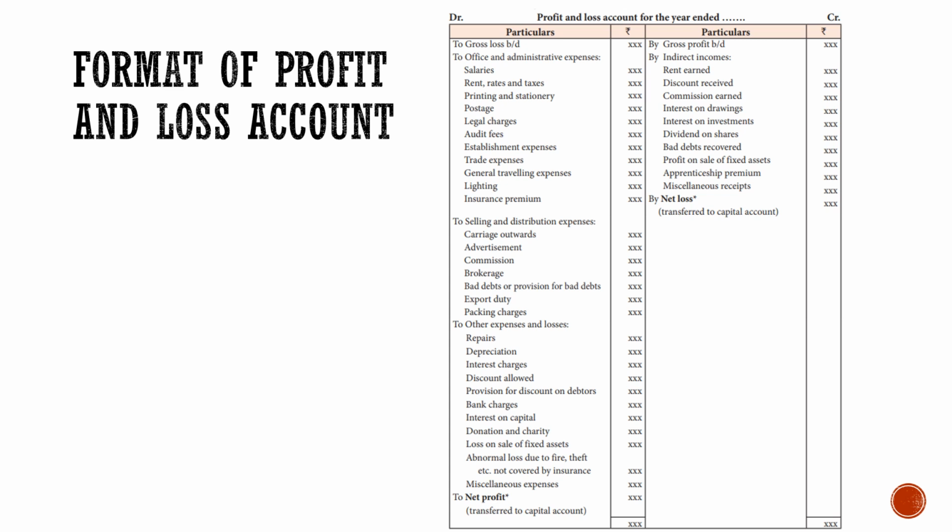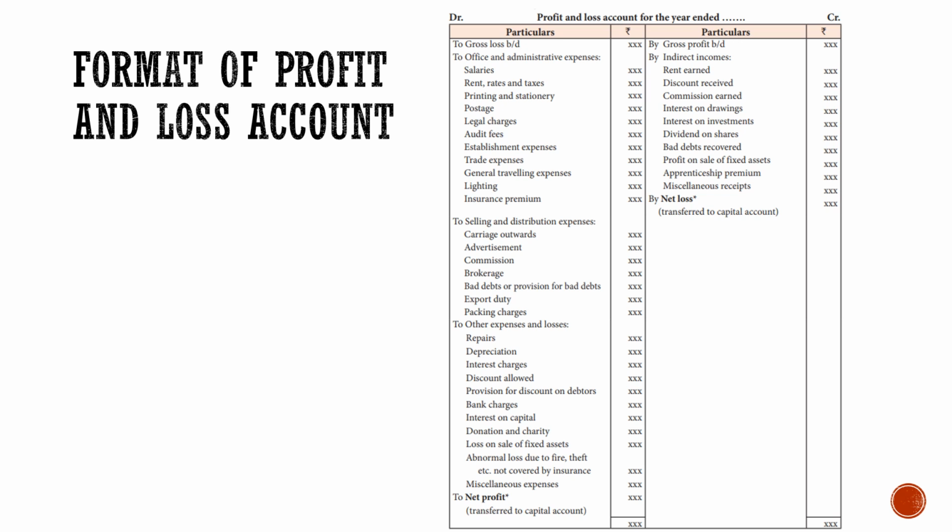Then commission earned or interest on drawings. You may put some amount in the bank in your company name, and from that you can get some interest amount. So the interest received, everything comes under indirect income, so it will be in the credit side.